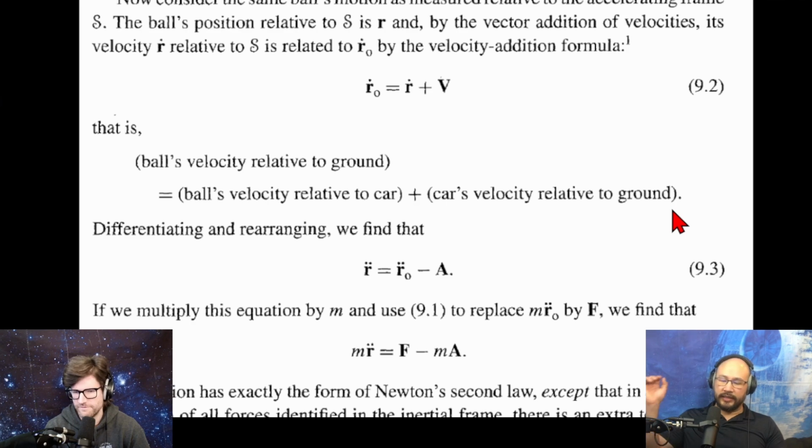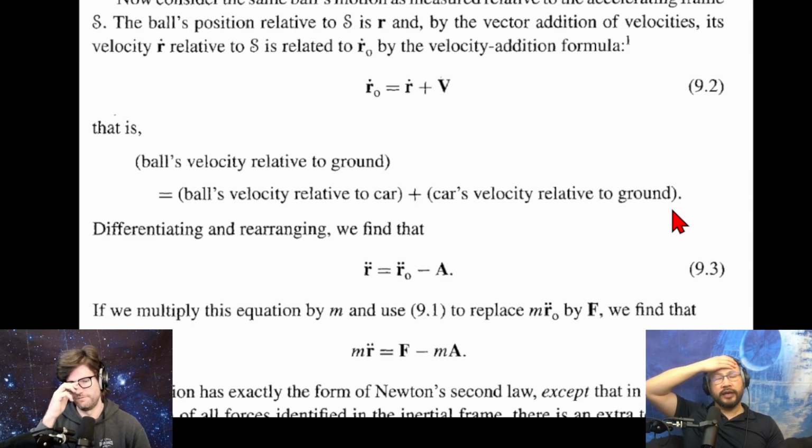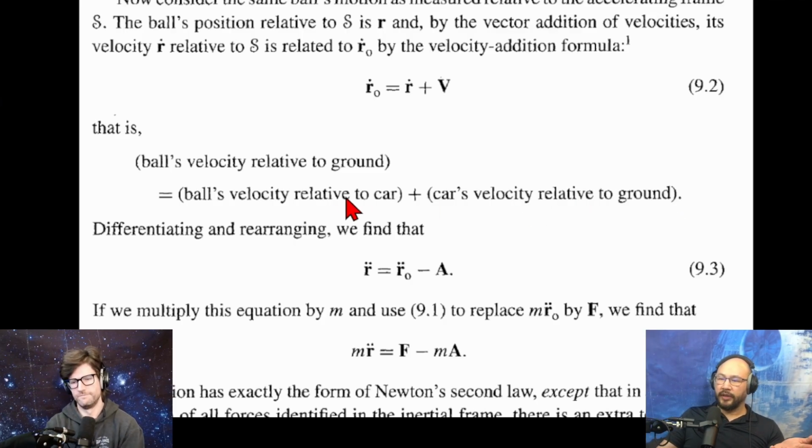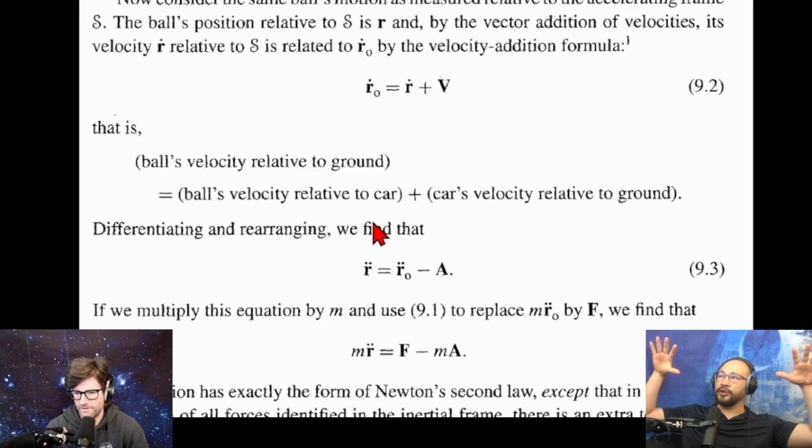It's a scenario where you're not standing outside, but in a car rolling a ball. To get the velocity of the ball relative to the ground, you have to add the velocity of the ball in the car plus the car's velocity relative to the ground. So you add all the things to get a true bird's eye view.